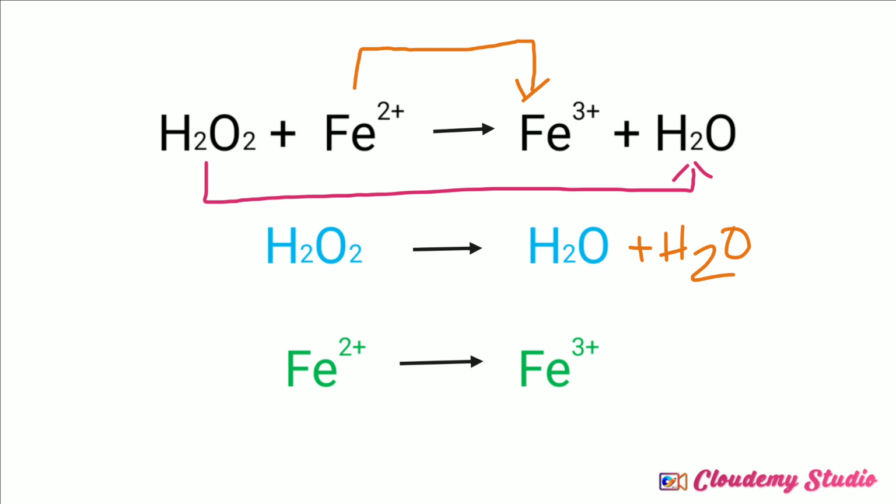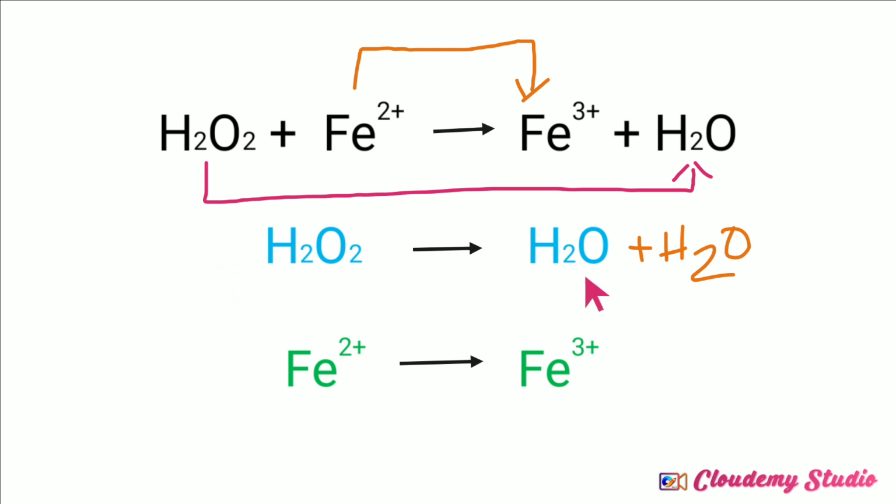Now after the addition of this water, on the right hand side, the total number of hydrogen: here 2 hydrogen atoms and here another 2 hydrogen, so a total of 4 hydrogen atoms are present on the right hand side. But on the left hand side, only 2 hydrogen atoms are there. So we need 2 more hydrogen atoms.